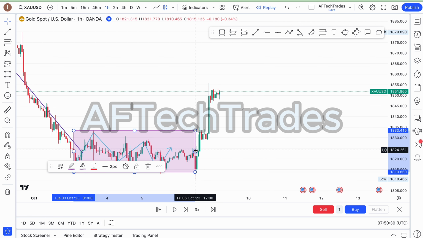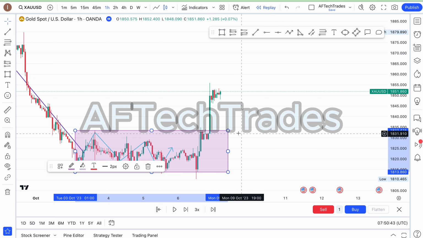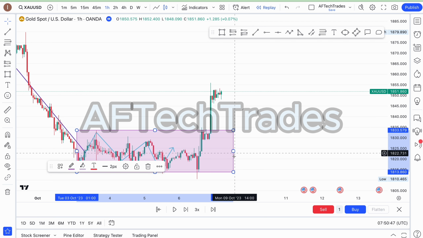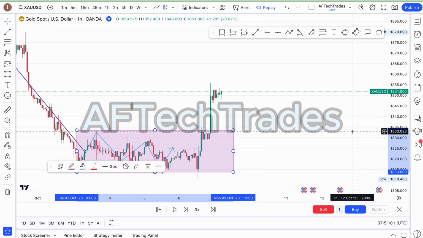Let me extend this rectangle now. You see there's a breakout right here. So what do you do when you see this breakout? Like I said, you enter the market. Sometimes you see a breakout without a retest. Sometimes the breakout comes in with a retest.